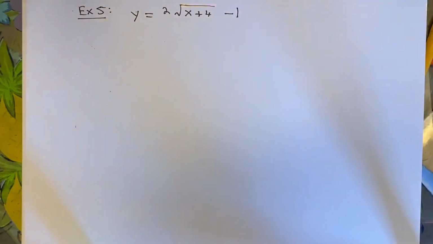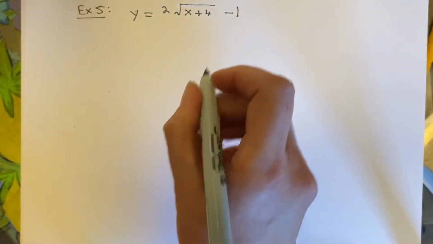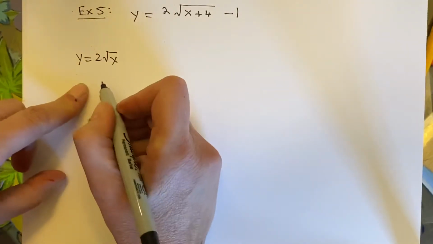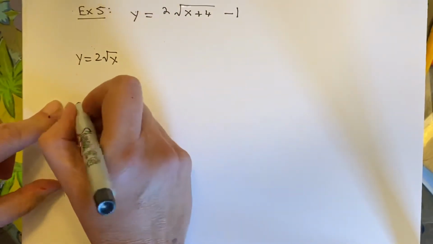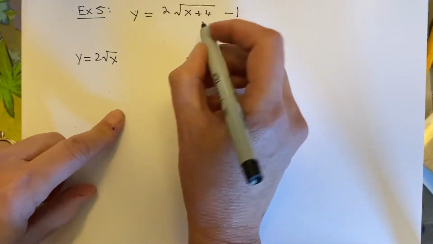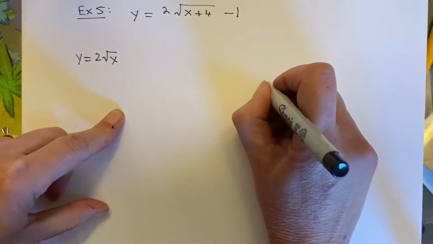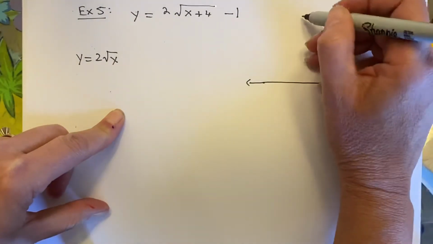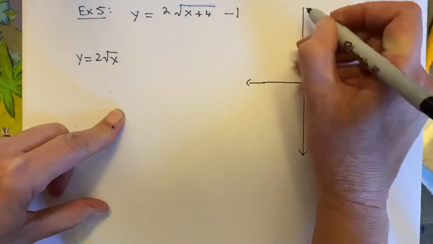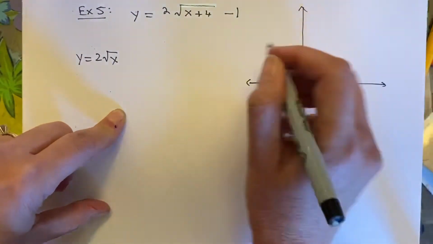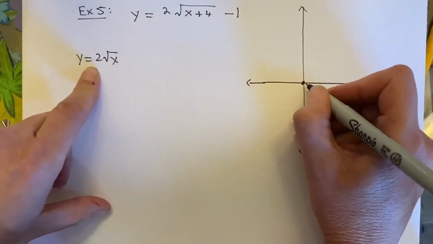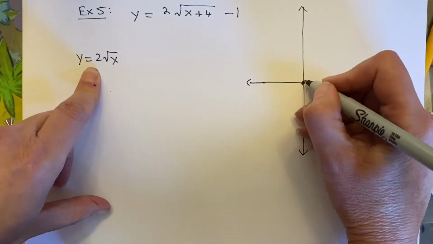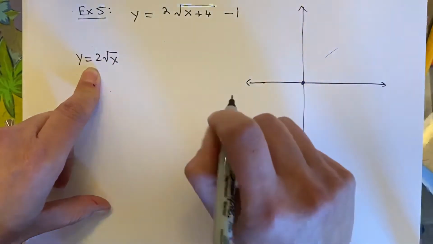So let's think through this, right? If we are comparing, our base is really y equals 2 square root of x, which, compared to the parent function, is going to stretch that parent function. And if we draw the graph, we're going to look at it and know, well, first of all, the basic function would be like this, and 2 square root of x is going to be a stretch.